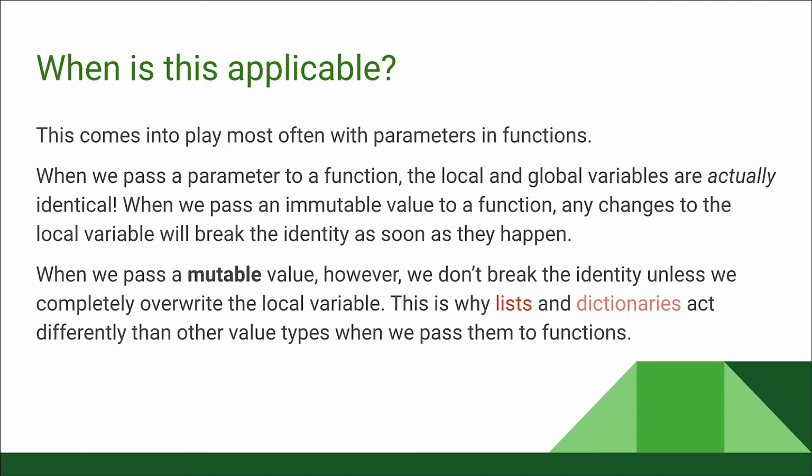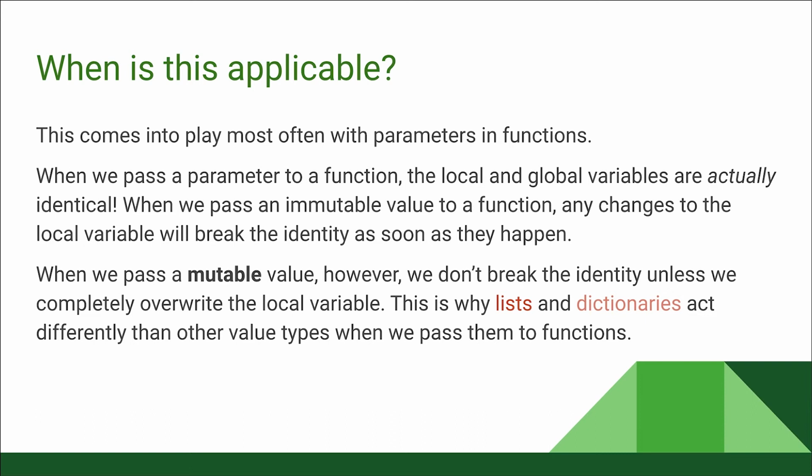So this is most often going to come into play when we are using parameters with functions. When we pass a parameter to a function, the local and global variables are actually identical. They're both pointing to the same place. But the thing is, when we pass an immutable value to a function, any changes to that local variable will break the identity as soon as they happen, because we're not allowed to change the contents of an immutable variable.